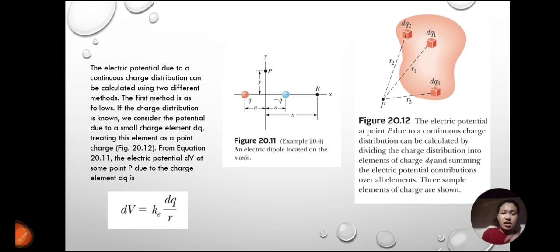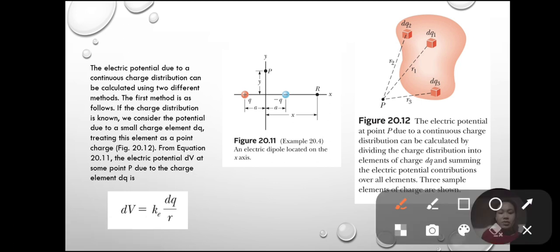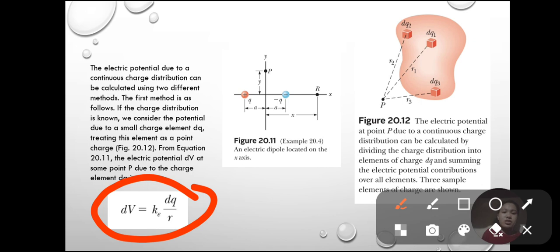As you can see in figure 20.11, from equation 20.11, the electric potential dV at some point P due to the charged element dq. And this is the formula of the electric potential due to continuous charge distribution, which we will use to solve for the V or the dV.